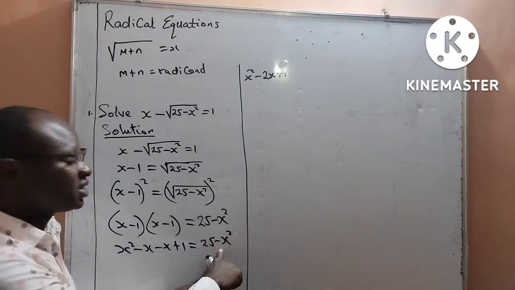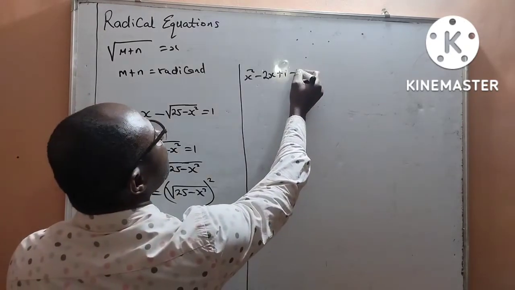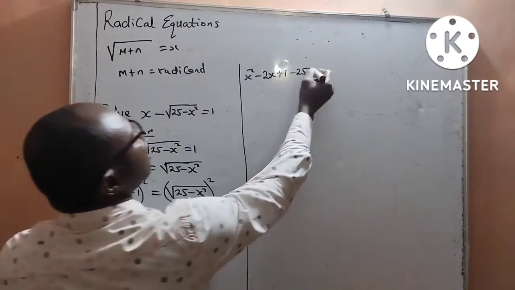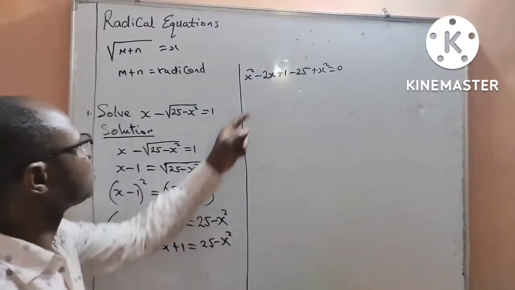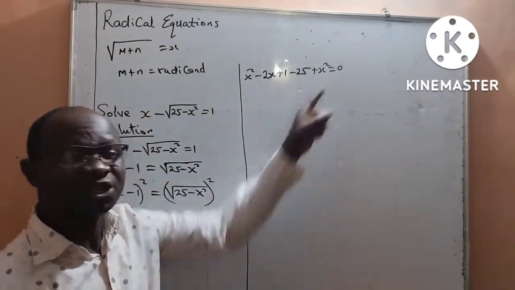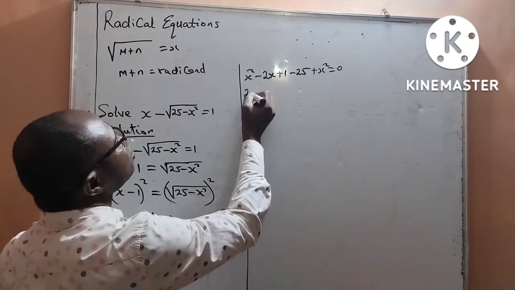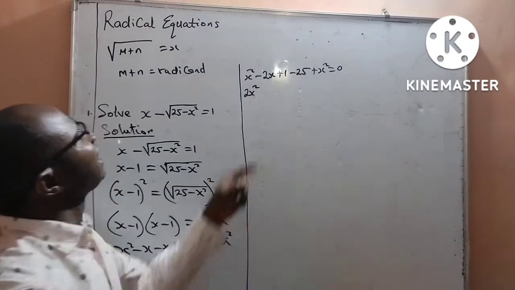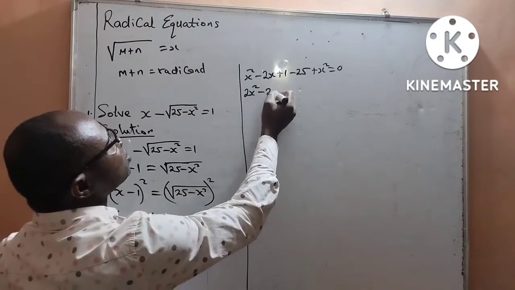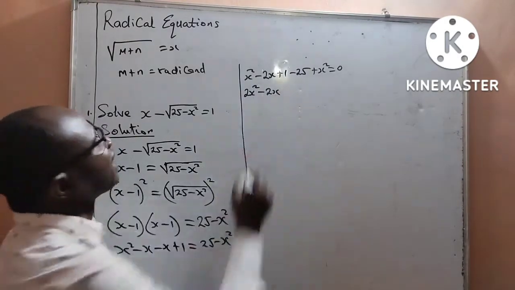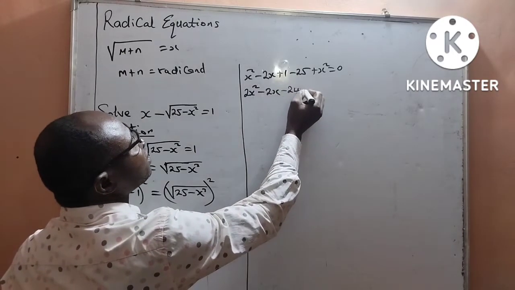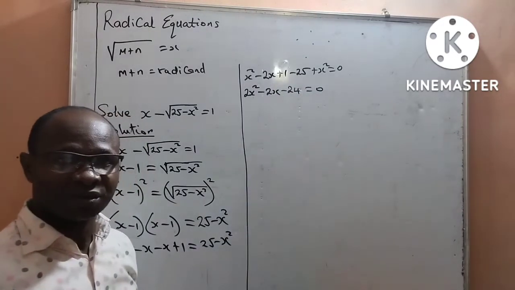Moving the terms on the right to the left, I will have minus 25, then plus x squared, equal to 0. Now, x squared plus x squared will give me 2x squared, then minus 2x. Also, plus 1 minus 25 will give me minus 24, everything equal to 0.